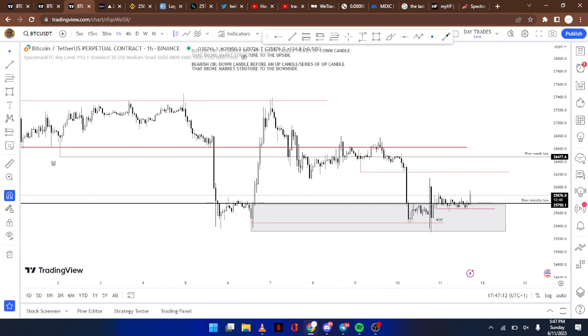So here's an example of a bullish SFP. We had one example here.